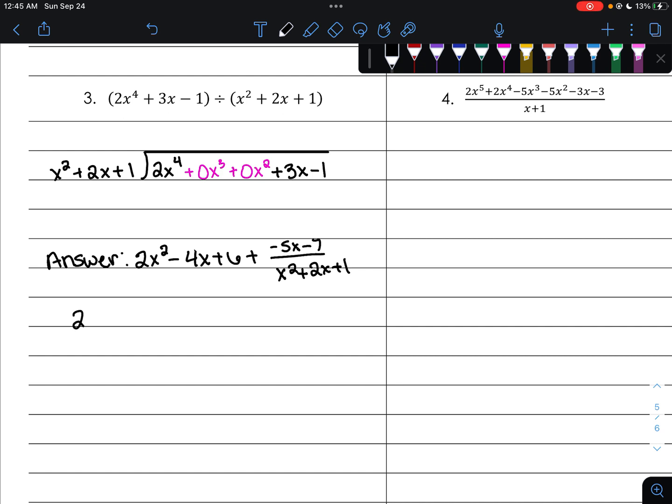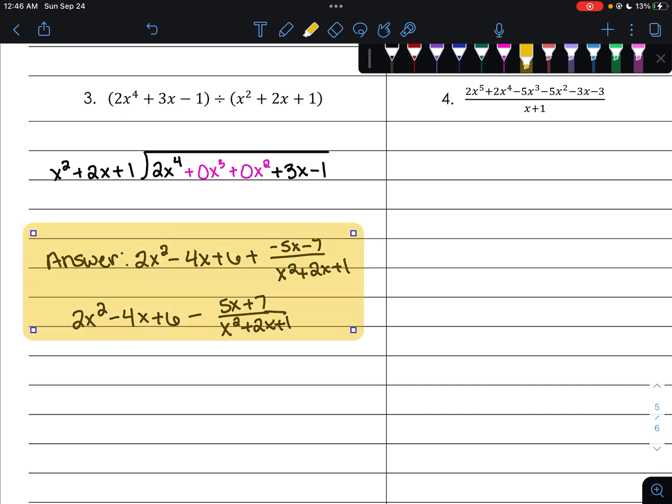Just know that this answer can be written in the following form. The first part stays the same, but if I change that to a minus sign, then it's like I factored out a negative with the 5x plus 7, and we could write this right here as the same thing. Either answer is acceptable.